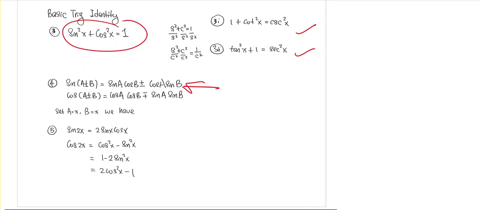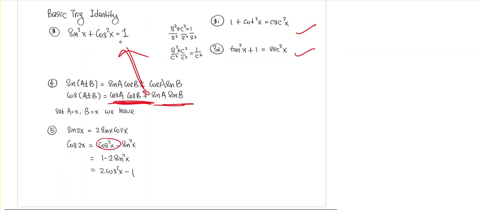But for cosine 2x, you have more choices. If you put a equal to x and b equal to x, you have cosine 2x, and from these equations you can see that we have cosine square x and then sine square x, with a minus sign right here. That's the first formula. Because we have the Pythagorean identity, we can get rid of cosine square by writing cosine square as 1 minus sine square, and then you will have this equation.